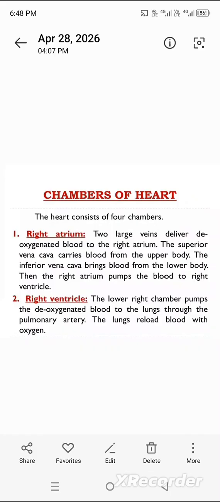Next, we can see the chambers of the heart. So, the heart has four chambers: right atrium, right ventricle, left atrium, as well as the left ventricle. First we can see the right atrium. Two large veins deliver deoxygenated blood to the right atrium. What are the major blood vessels?